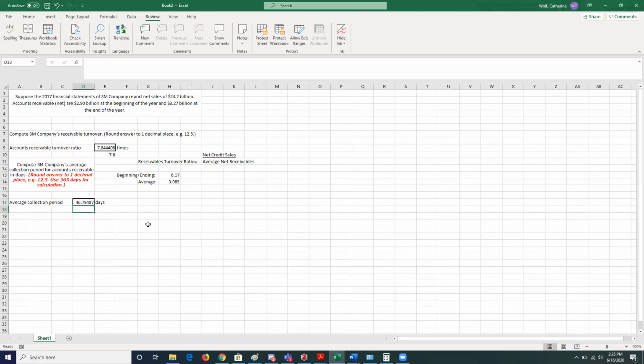And that is going to give us 46.79487. Now again, the answer says to round to one decimal place, so that would end up being 46.8.